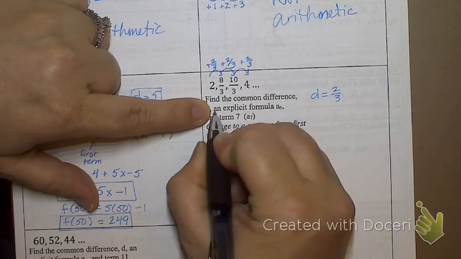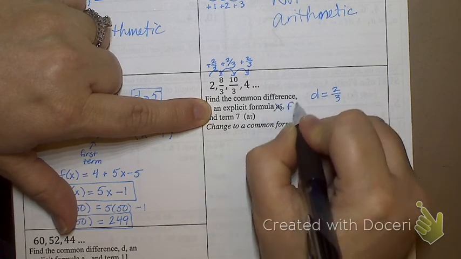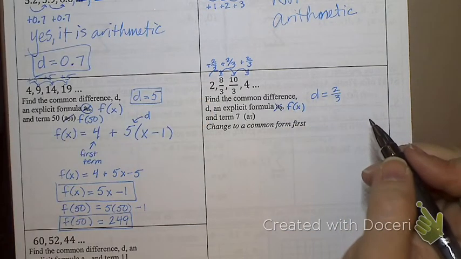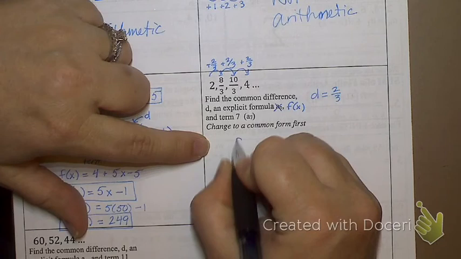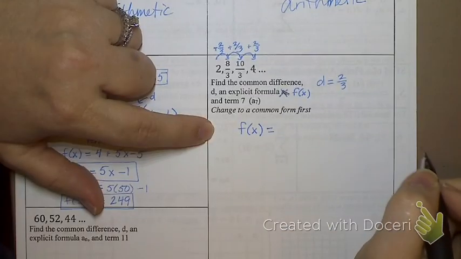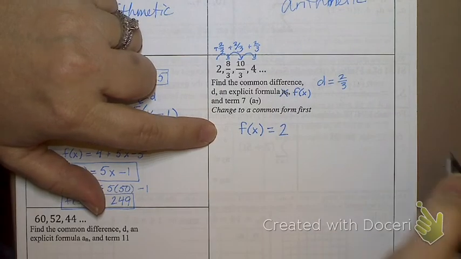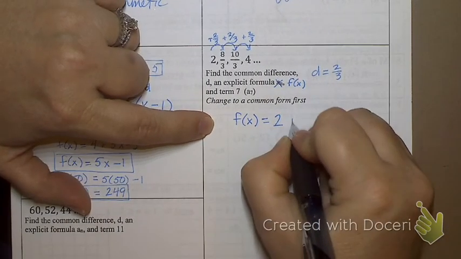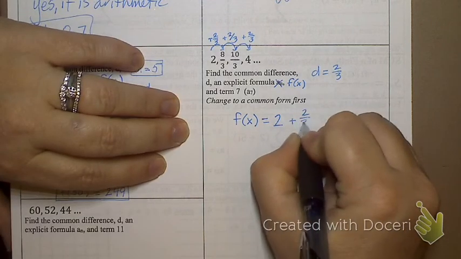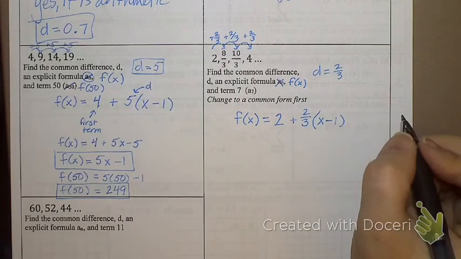Now I need to find an explicit formula. What does A sub n really mean? It means I need to find f of x. So, f of x is equal to, what's the first thing in my formula? 2, the first term, right? Plus what? My D value, which is 2/3, times x minus 1.